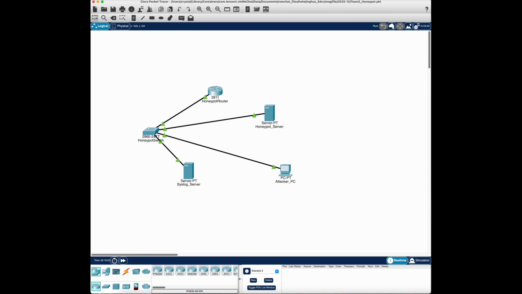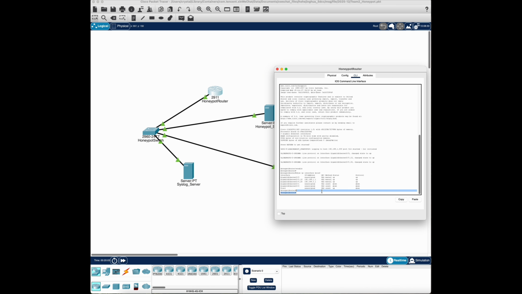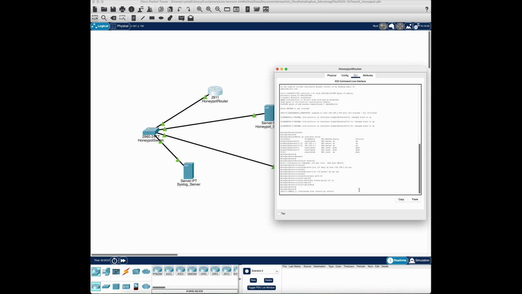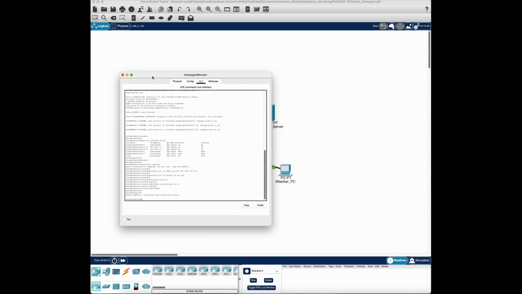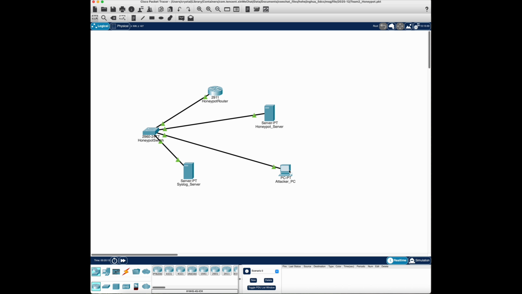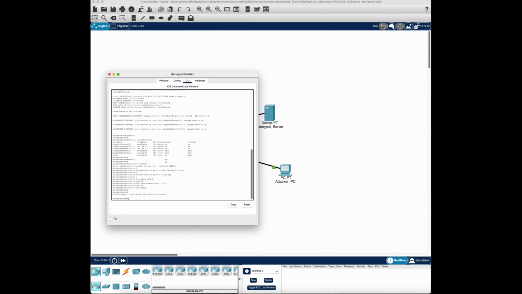Now we simulate the auto-blocking functionality. Once the attacker is identified, we apply an ACL rule to block all traffic from the attacker's IP address. This ACL denies all packets from 192.168.2.50, the attacker's address.